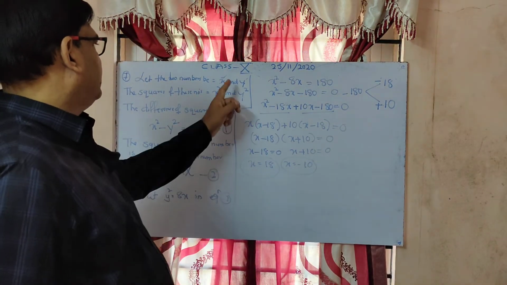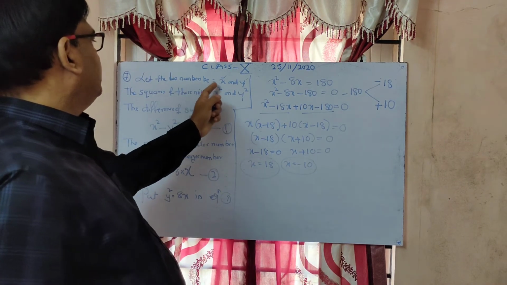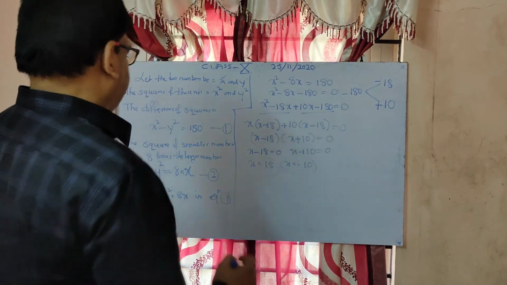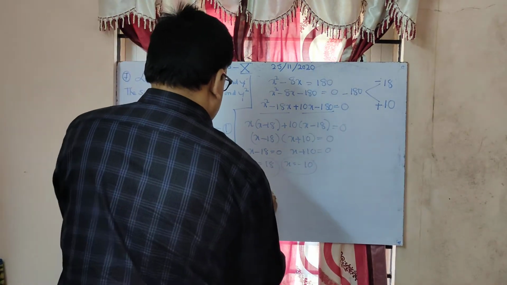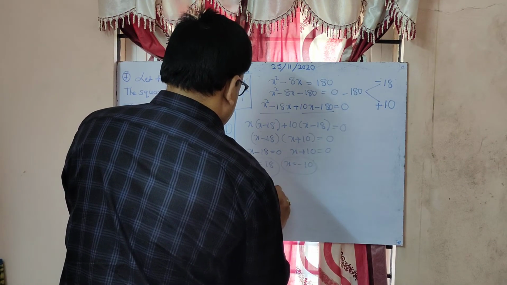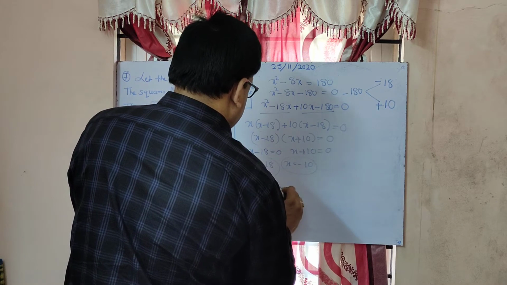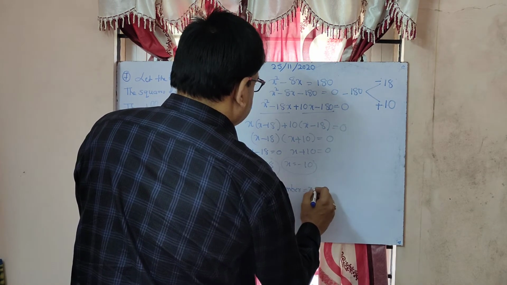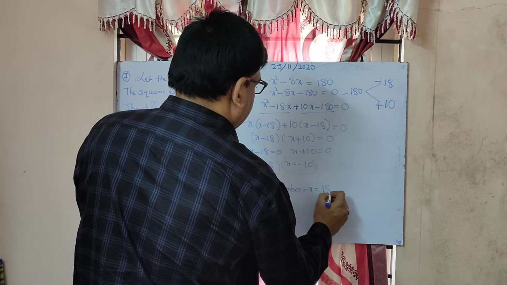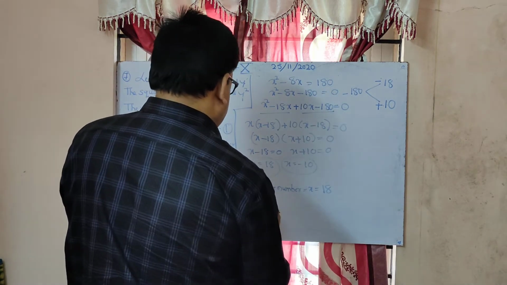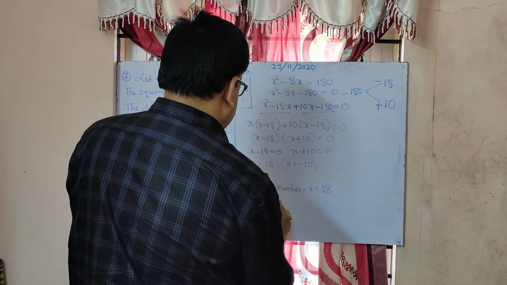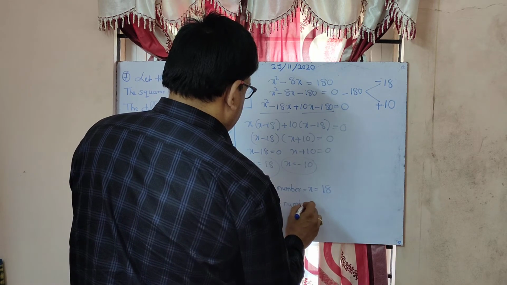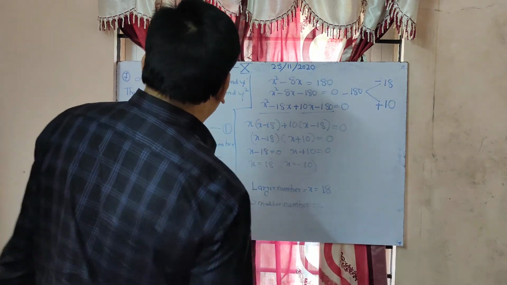Let the two numbers be x and y. So the first number, the larger number, is equal to x, that is equal to 18. Therefore the smaller number is what?